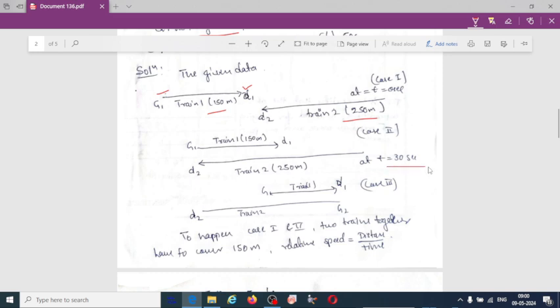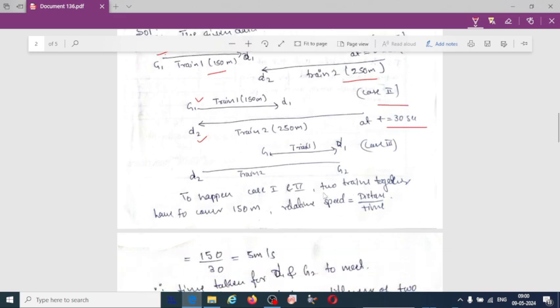When time t equal to 30 seconds, the guard in train 1 and the driver in train 2 are going to coincide, in case 2. In case 3, the trains are going to move further, and here the driver 1 and the second guard pair are going to coincide.